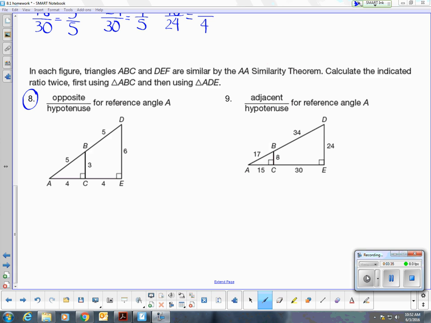Number 8, we're looking at the ratio opposite to hypotenuse. And again, we're using reference angle A. Anytime I see a triangle inside of another triangle, I always draw the triangle separately. So I'm going to begin with triangle ABC. And in triangle ABC, I have 3 lengths of 3, 4, and 5.